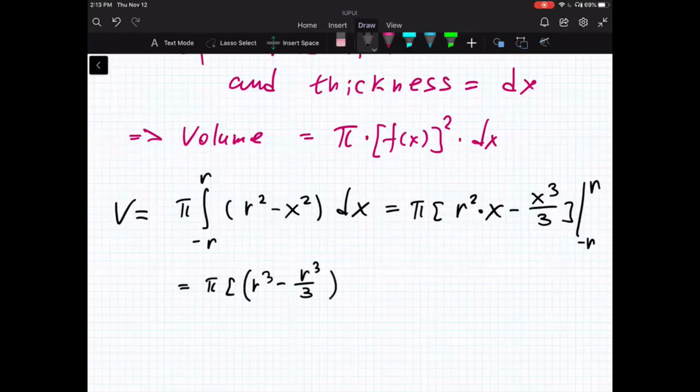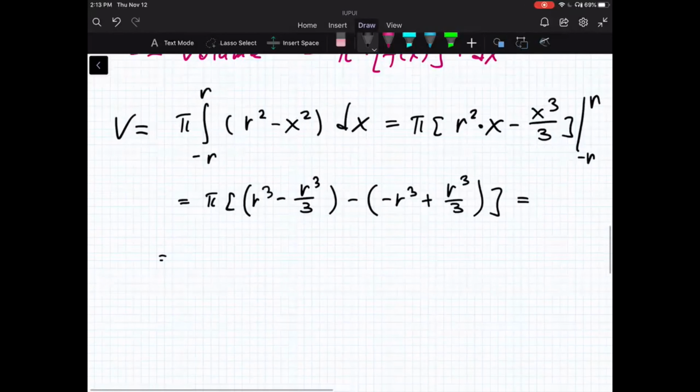And on the lower limit, I'll get minus r cubed minus, so it's plus, r cubed over 3. And so it is the same as pi times 2r cubed minus 2r cubed over 3.